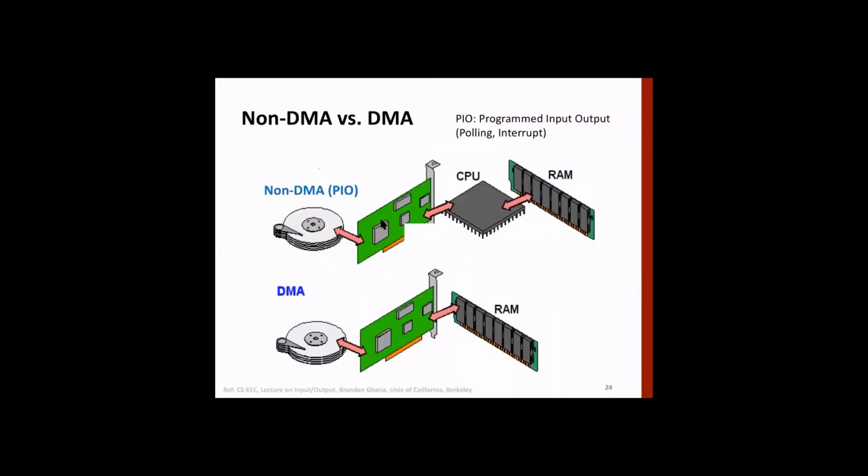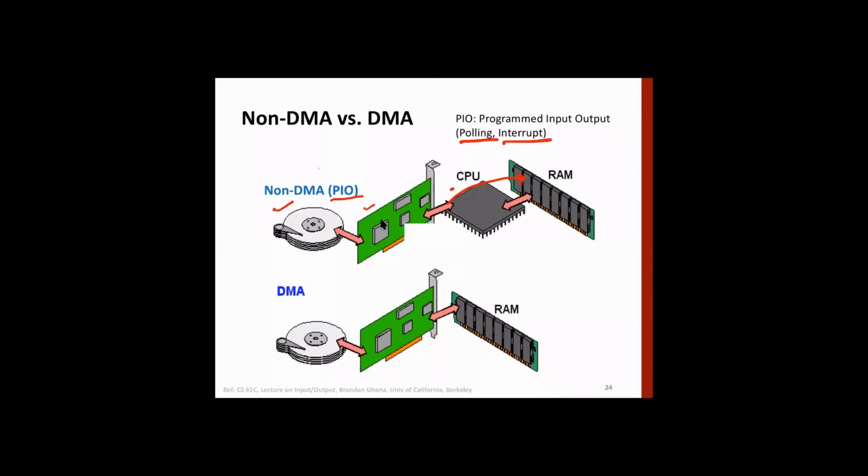So let's look at this diagram. What we have shown here is programmed input output, like polling or interrupt that we have seen. The first method we have seen is polling, and the second is interrupt, where the device, here the disk, will interrupt the CPU, and then the CPU will transfer the data to memory.